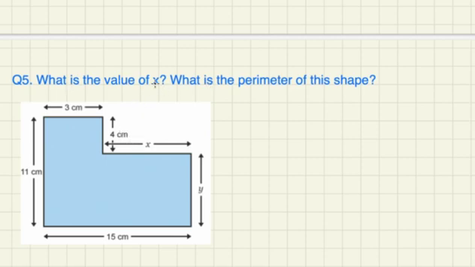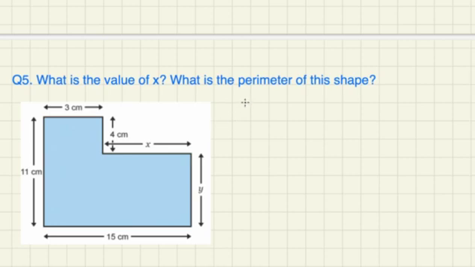Okay, so what is the value of x? Well, when you look at x, this plus this distance must equal this distance. This length, I mean. So 3 plus x must equal 15.